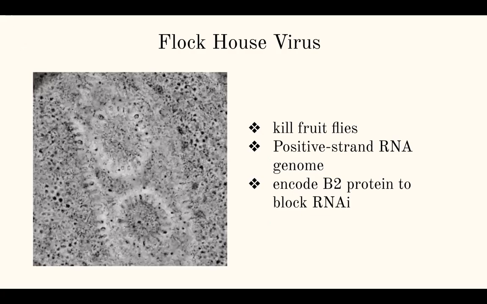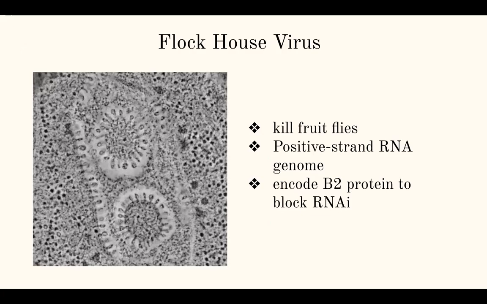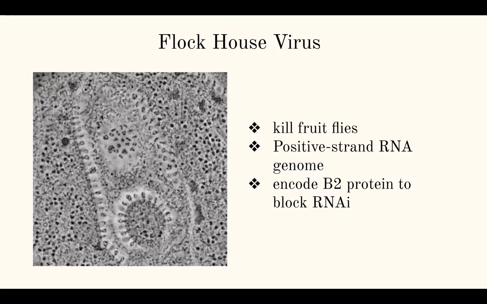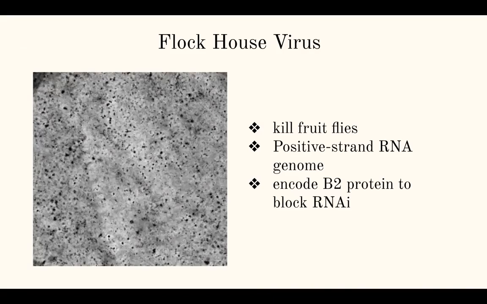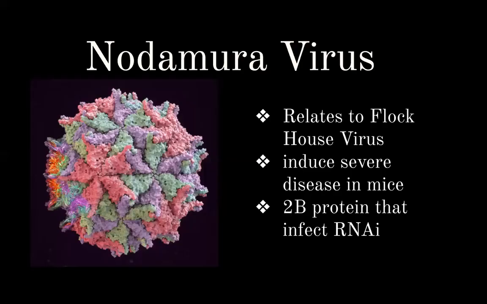The flockhouse virus has a positive strand RNA genome and encodes B2 protein to inhibit RNA interference. The next virus is Nodamura virus, and that's very relatable to flockhouse virus due to both viruses encoding B2 proteins. And B2 proteins are present in both insects and mammalian cells.